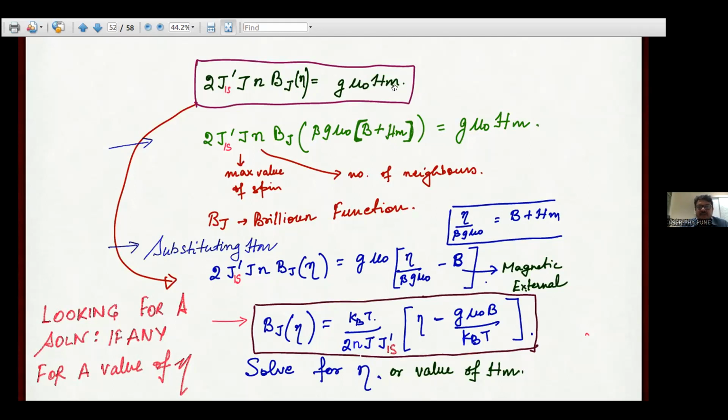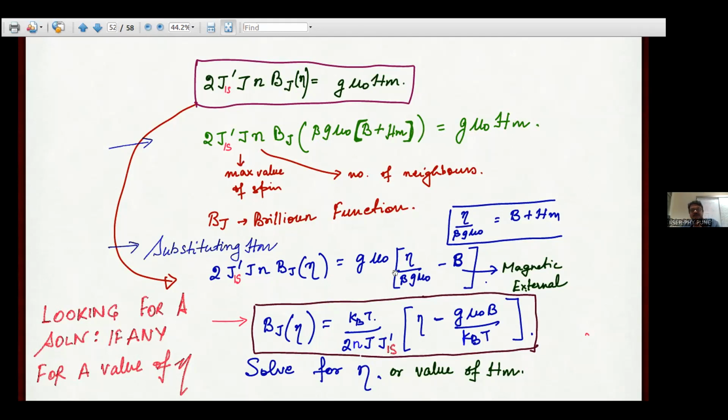So what we do is, here I have HM on both sides of the equation. On the other hand, you can substitute this HM and write it in terms of eta. And why can you write that? Because of the definition of eta, you can write HM to be eta by beta g mu 0 minus B. And that is exactly what I have done.